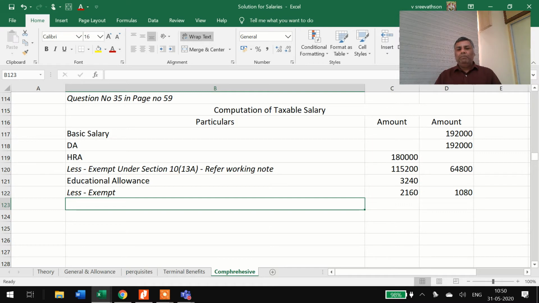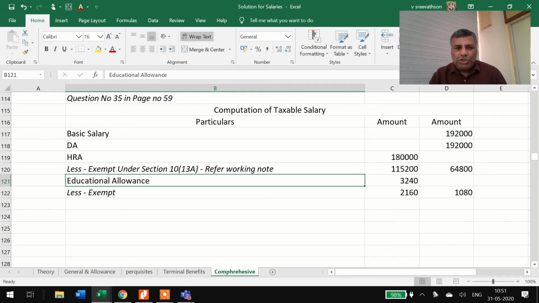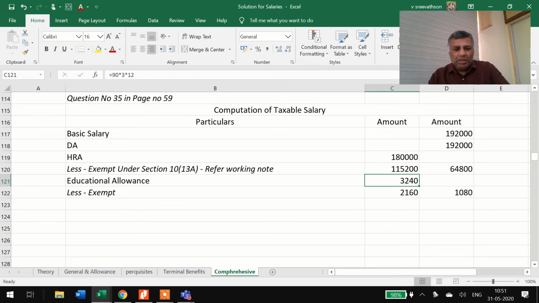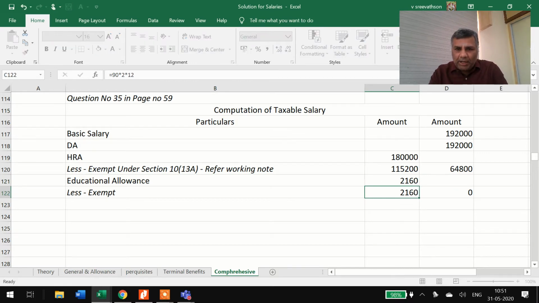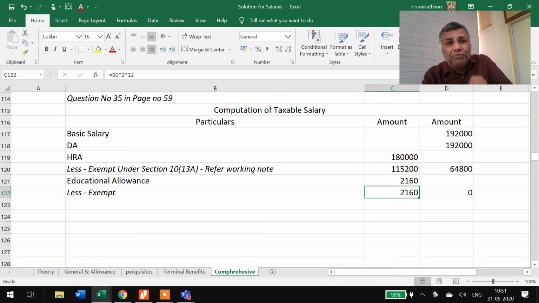Repeating. Educational allowance, what is provided is only 90 rupees. Suppose there are only 2 children, imagine a situation, and you are getting 2,160. Can I give you 2,400 as exemption? What you received is only 2,160.